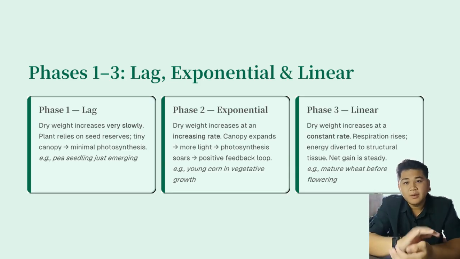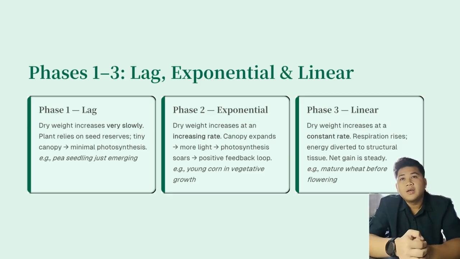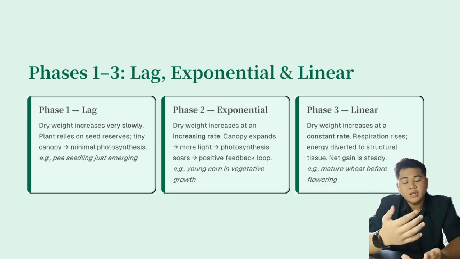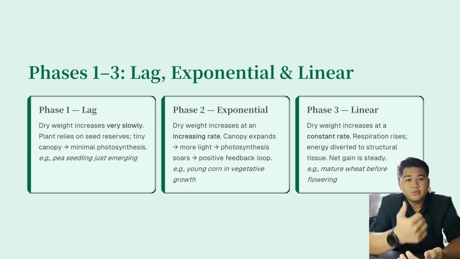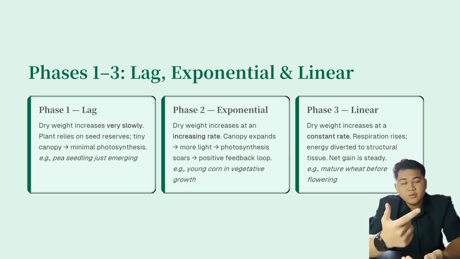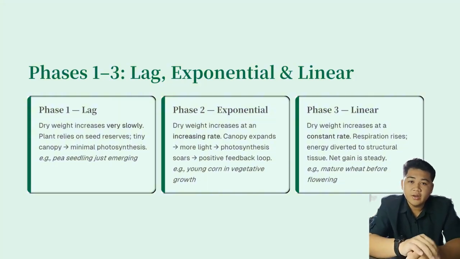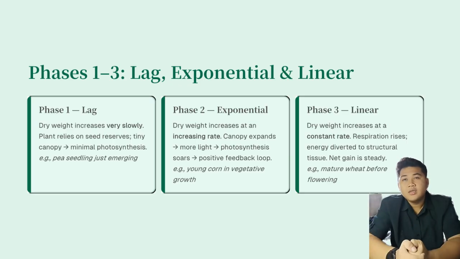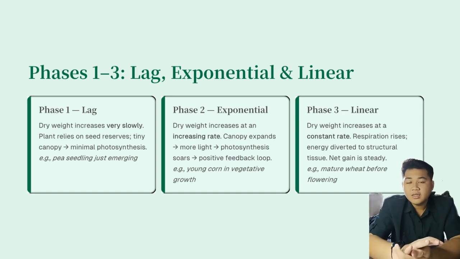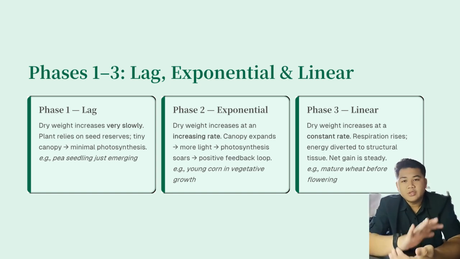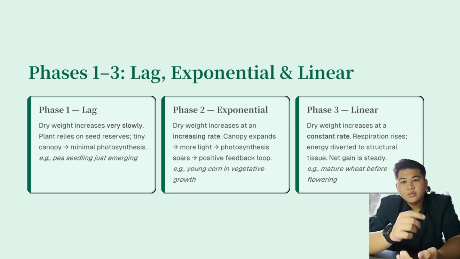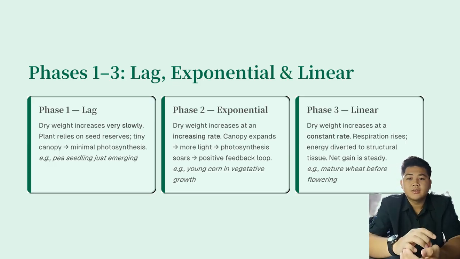Why does this happen? Just after germination, the young plant still relies on food that has been stored in the roots or in the seeds, and that means photosynthesis is very slow. Think of a pea seedling just emerging from the soil, and it grows slowly at first.